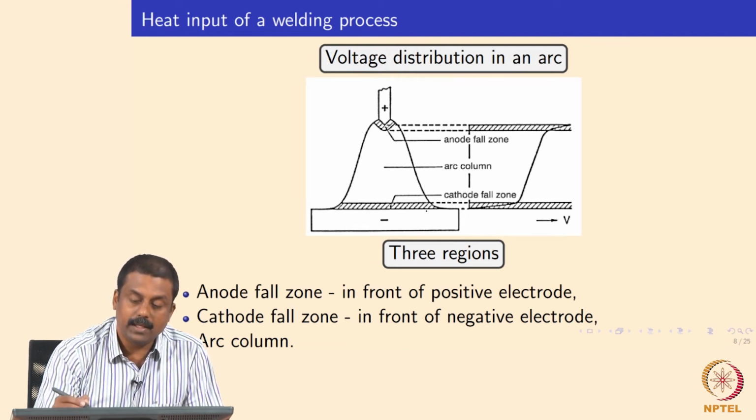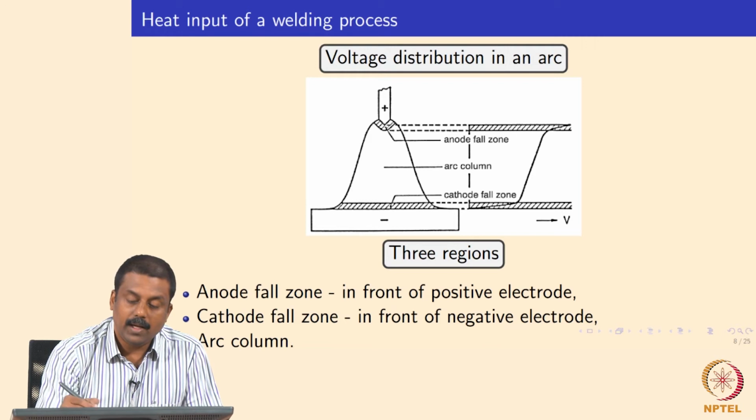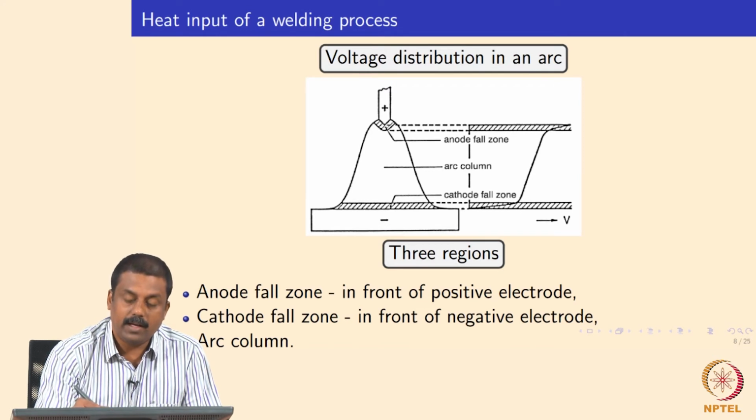If you look at the voltage distribution, you have a more or less constant voltage along the arc column, and because of the accumulation of electrons in the anode fault zone and the accumulation of positive ions in the cathode, you have a steep voltage gradient in these 2 regions.